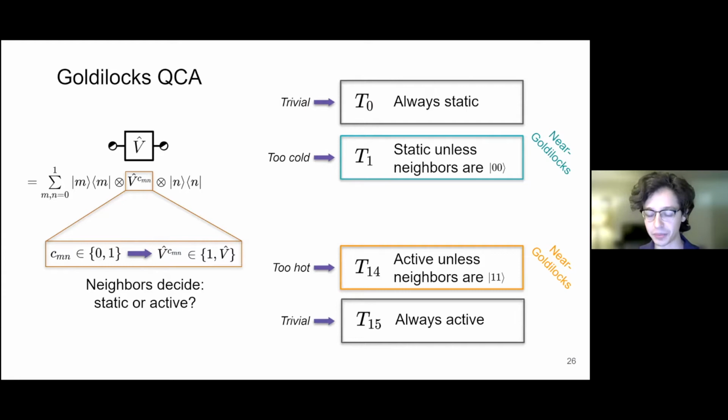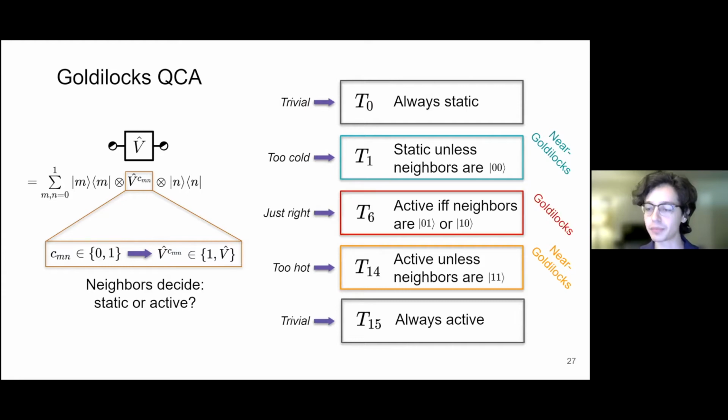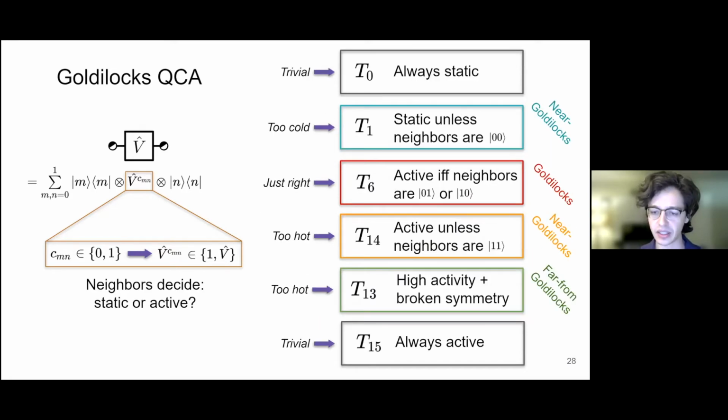And if we follow this procedure down to its balance point, we arrive at what we'll call the Goldilocks rule. And its definition is: activate that center site, operate with that operator V, if the neighbors are in opposite basis states.